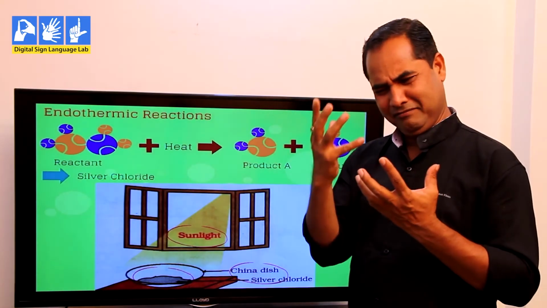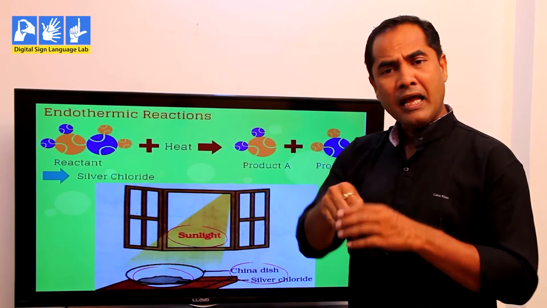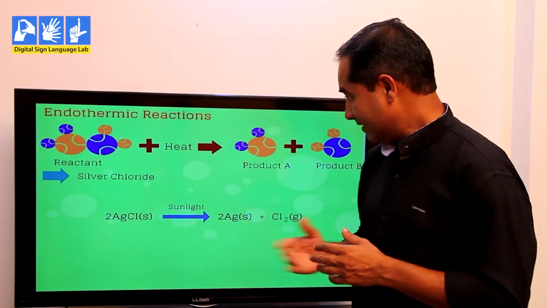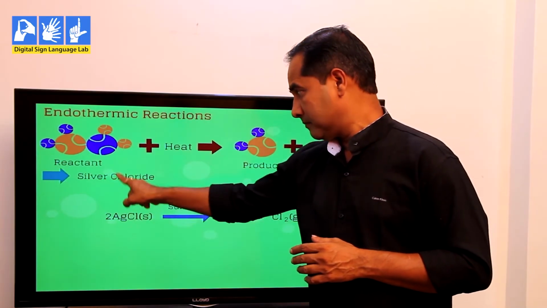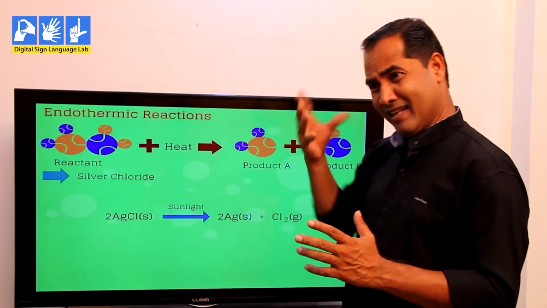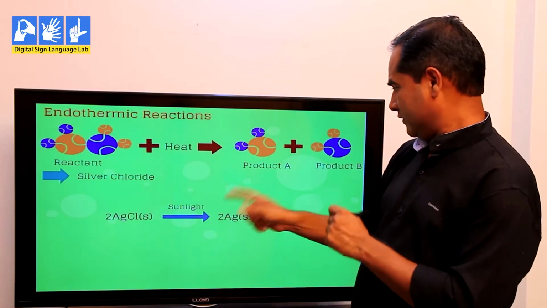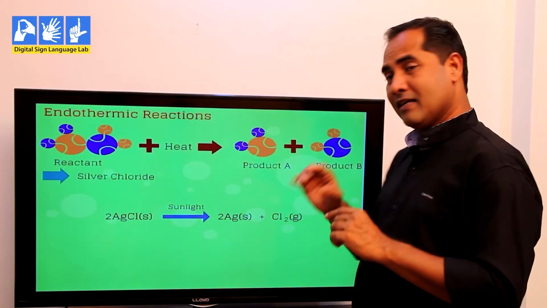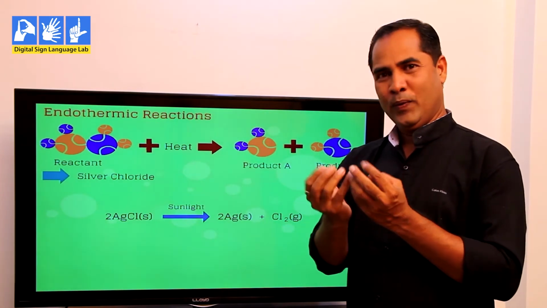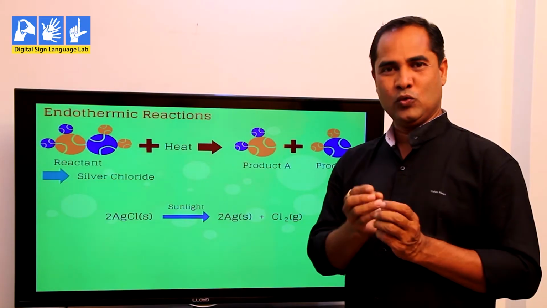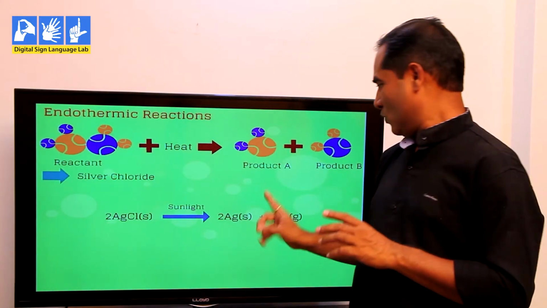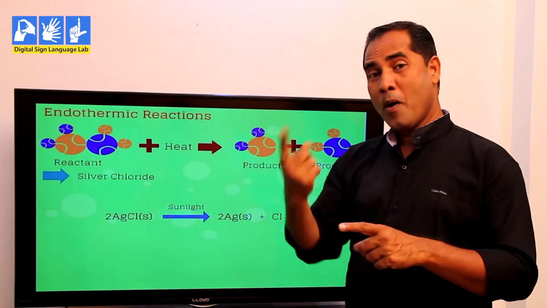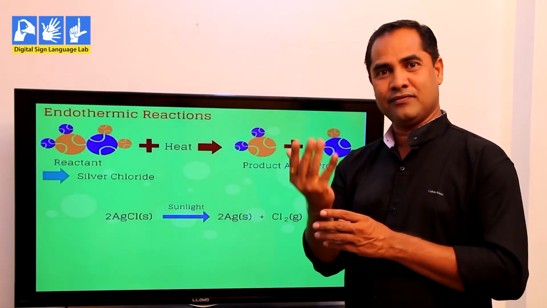The color would change. The chemical equation is this. So silver chloride is AgCl. When you provide sunlight, it would break down into silver and chlorine gas is emitted. Also, there is a color change. So before it was only silver chloride. After you provide sunlight, it breaks into silver and chlorine gas.